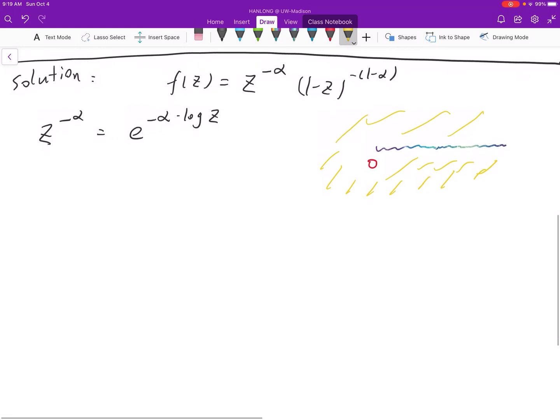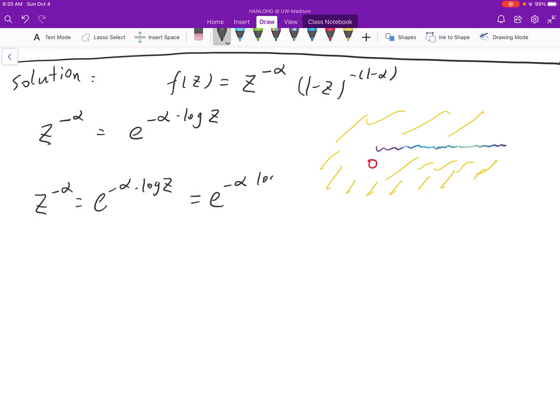Then you need to take a branch. Taking a branch means you need to give the region for the angle part, because we know that for log z, you have two parts.